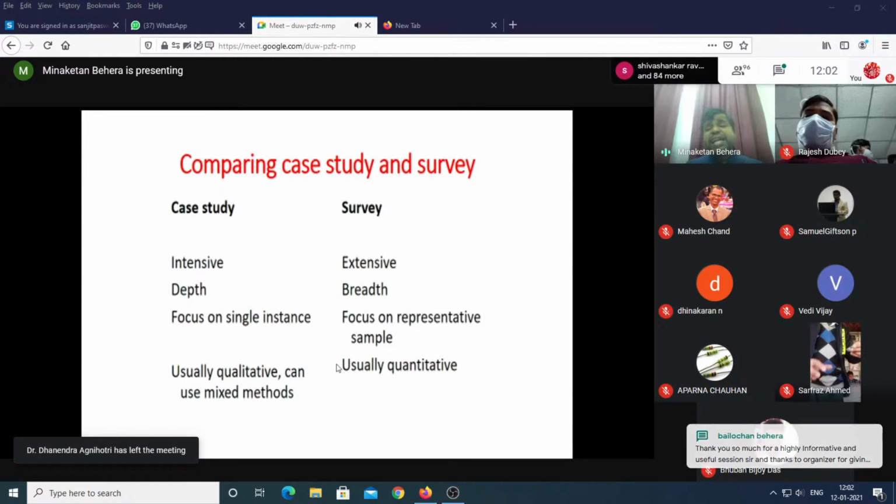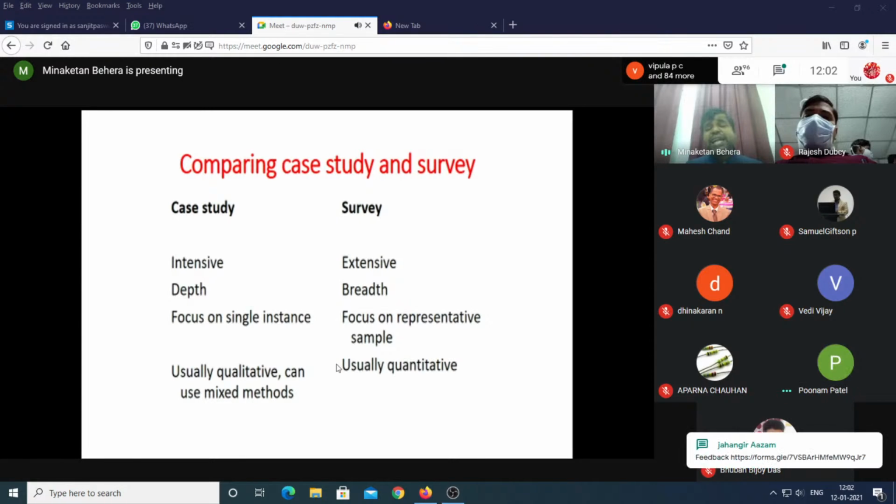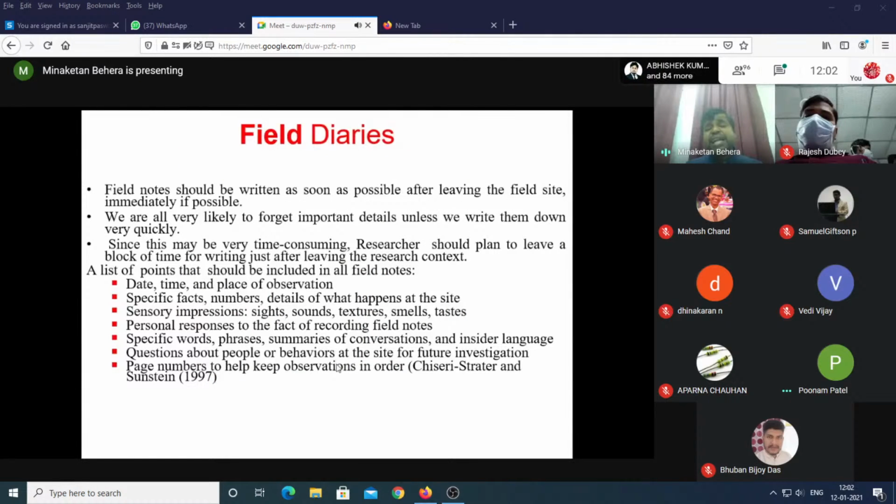You are covering only one dimension, a single unit. You have to use both qualitative and quantitative information, and in a survey you are using quantitative information. So many dimensions are there, and I am not going into this. This is very essential, then I will stop.